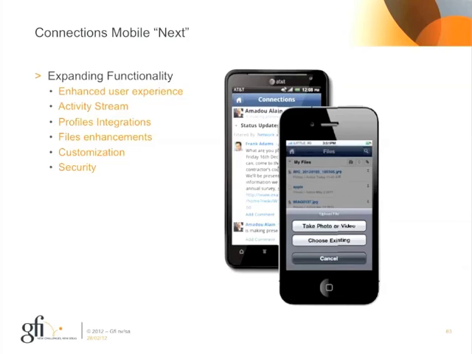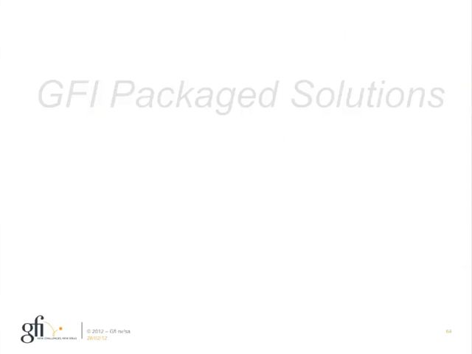And finally, on the mobile, we also need to talk a little bit about security, basically offering the administrators a number of options to block certain functionalities or perform a remote wipe of some devices if required.